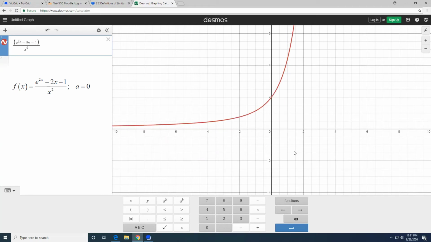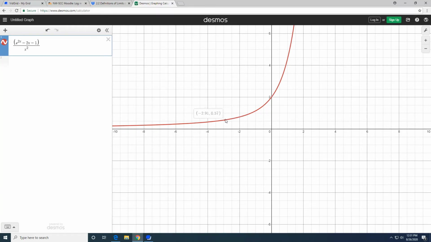Okay, there we go. Notice on here, when I hit this on decimal, it shows me what the point is. So notice when I get up here to where x is 0, I can do it. Let's see, I'm not up there yet. There it goes. What does it say it is at 0?